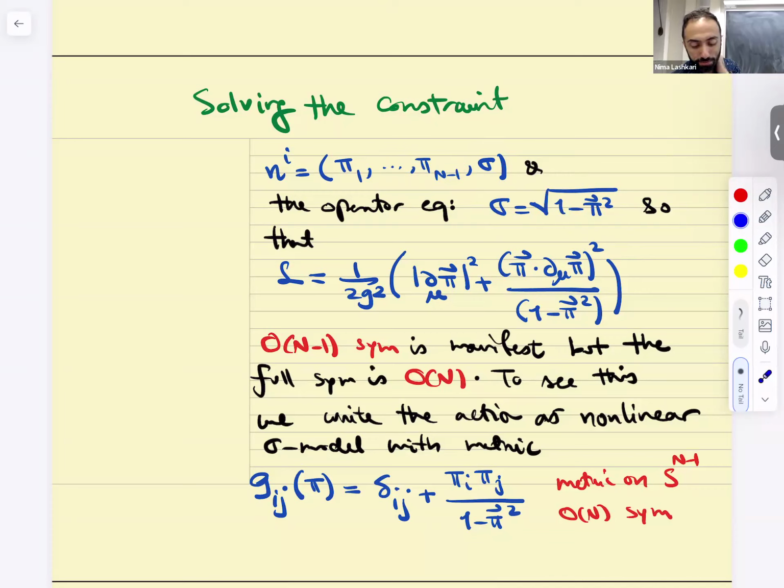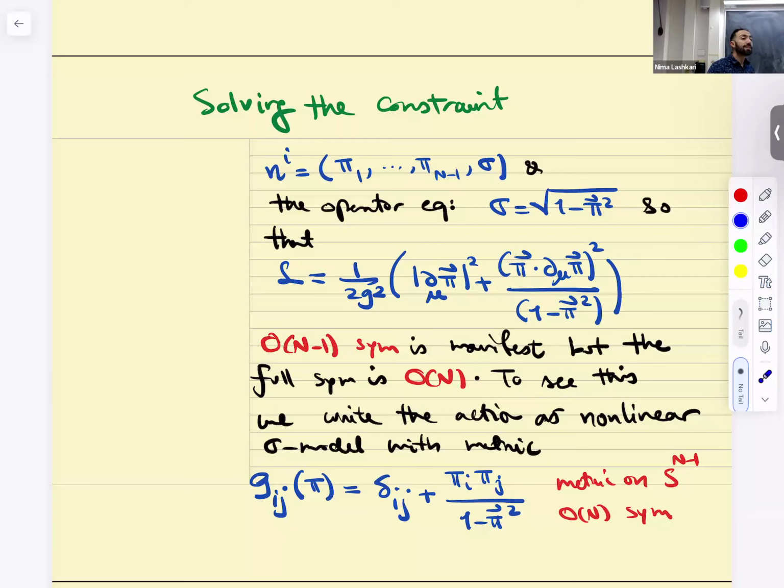So with this plugged back into the action, this is the form I obtained for my nonlinear sigma model. Now it's clear why it's called the nonlinear sigma model. This action linearly realizes O(N-1), sorry. So far when I was talking about the O(N) model, I was realizing it linearly. But actually the symmetry of this is O(N), larger than O(N-1).